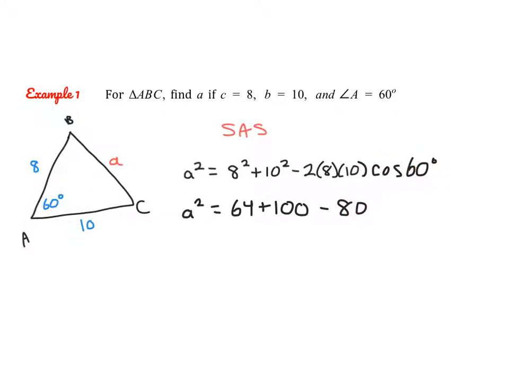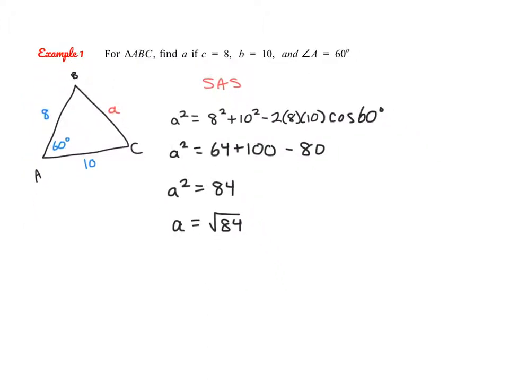And then from here we can keep simplifying, and we'll get A squared equals 84. And remember, the way that we undo a square is by taking the square root. So here we have 2 options. We can find a decimal approximation, or we can simplify it and keep it as a radical.